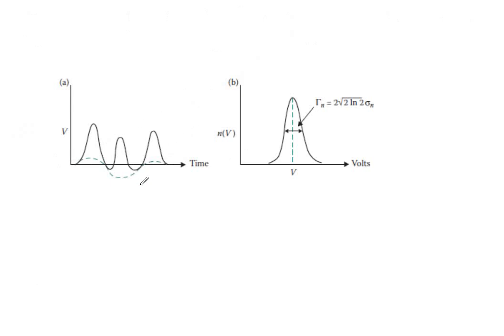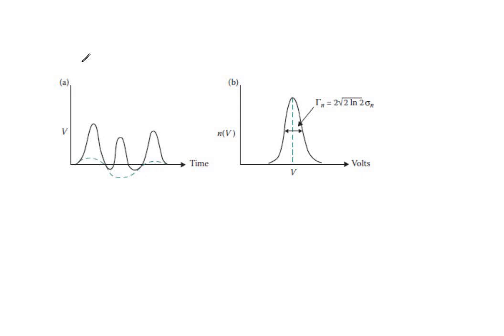As I was saying, in the absence of the noise, because of the noise, what is happening is that the noise voltage variation or noise pulse is superimposed on the pulse produced by the particle, and this results in the recording of pulse sizes that are not of equal height alone.